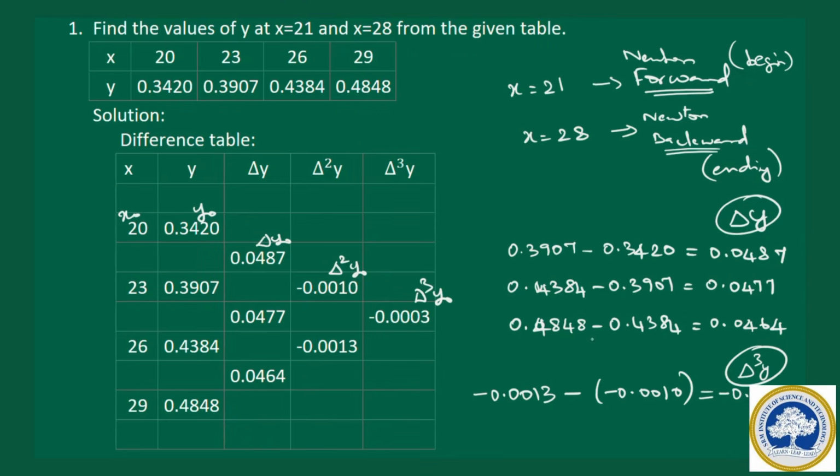So these are the values we will be using to put in the formula, Newton's forward interpolation formula. Similarly, this is xn, this is yn, and this is del yn, this is del square yn, and this is del cube yn. So all the last values are represented in terms of yn, okay. So we have to substitute in the respective formula to find the value.